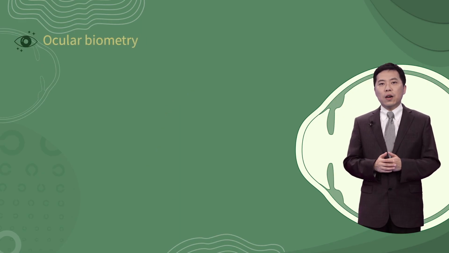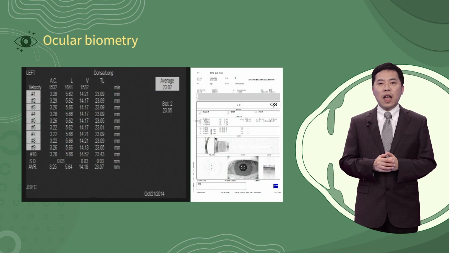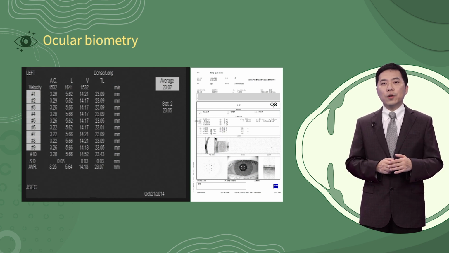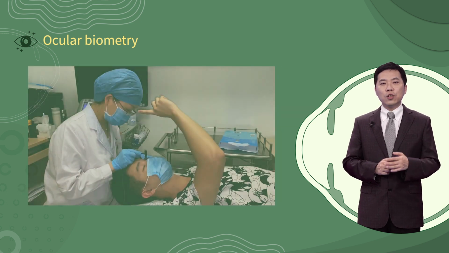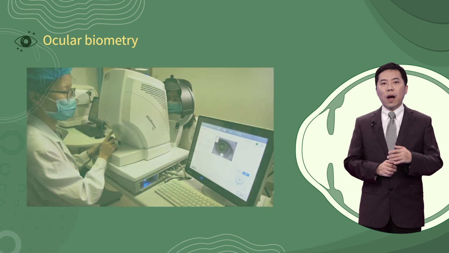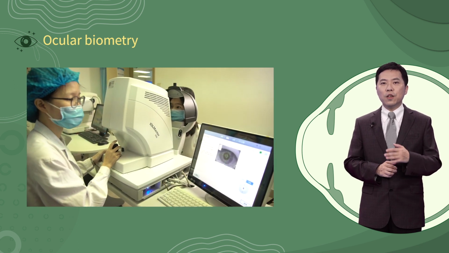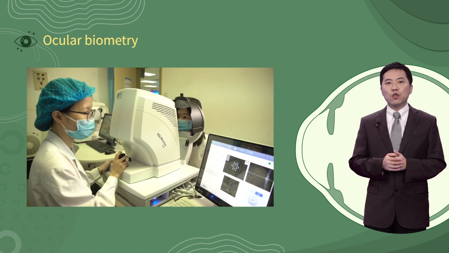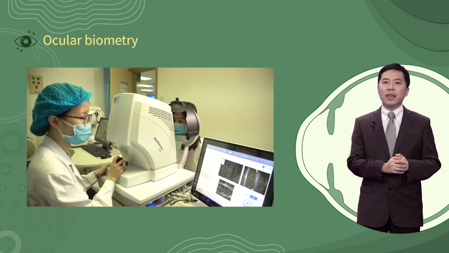There are 2 types of ocular biometric techniques: ultrasound A-scan biometric and partial coherence laser interferometrics. Ultrasound is useful in optical media opacity, while partial coherence laser interferometrics has the advantage of high speed, high resolution, and non-contact.